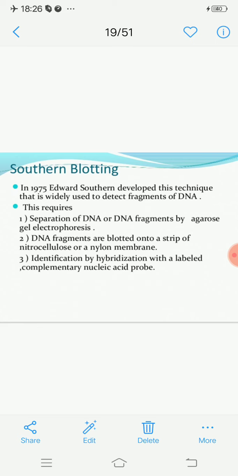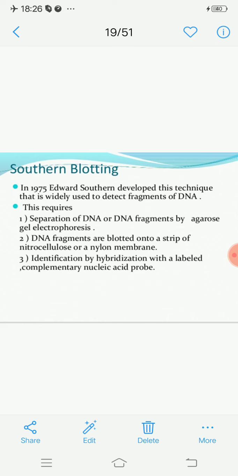And after blotting, the probe is important, meaning a radioactively or fluorescently labeled probe we have to add, and it must be complementary to your gene of interest.